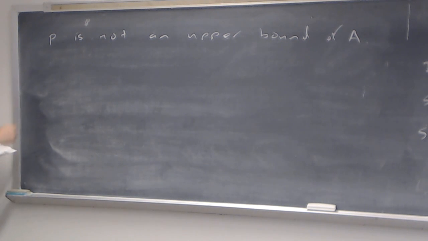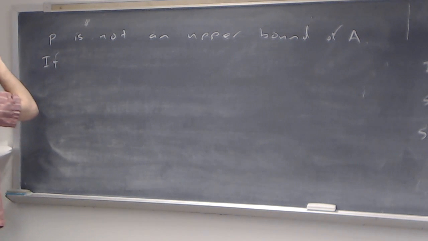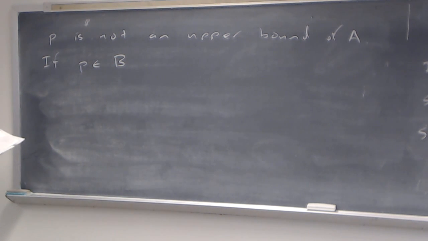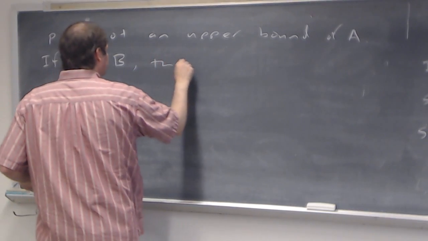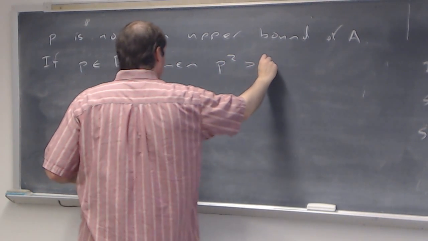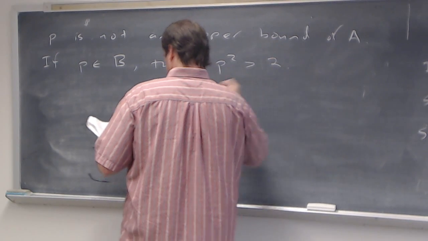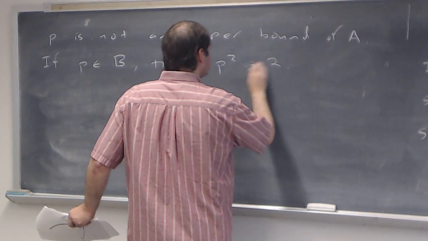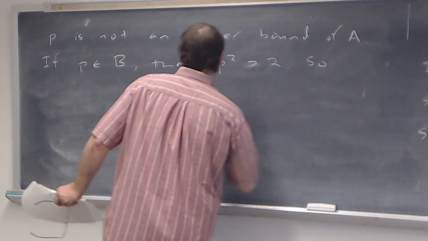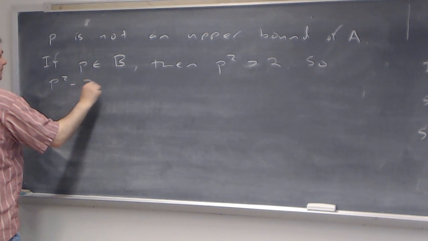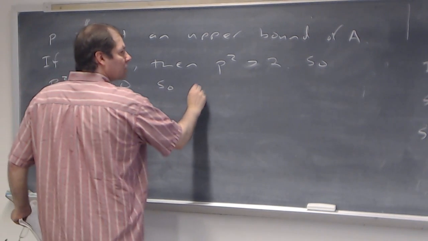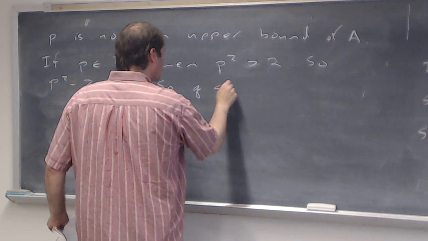Okay. Now we take a look at elements of B. So if p is an element of B, okay, then that means that p² is greater than 2. So p² minus 2 is greater than 0. So in this case, q is going to be less than p.